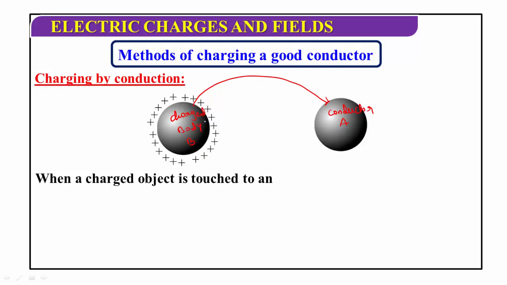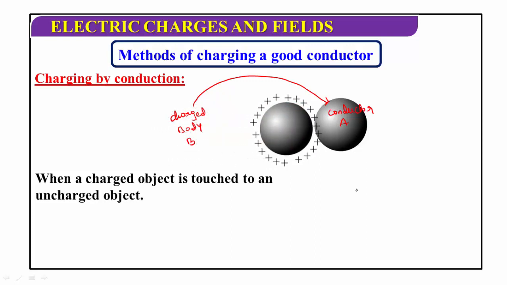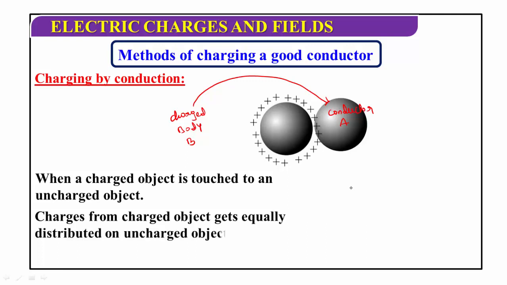When this body is placed in contact with body A, body A gets a positive charge. The charges move from body B to body A. Now the charges are uniformly distributed throughout the conductor A. This process is called charging by conduction.